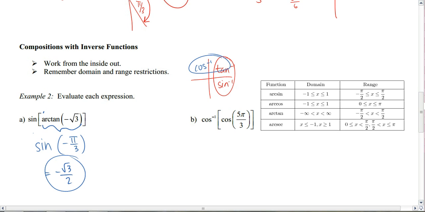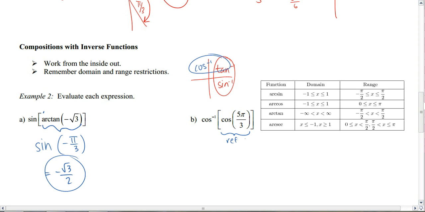So, in essence, pay attention, stay on your toes. So cosine of 5 pi over 3, well, cosine, that's just saying, hey, figure it out and you should be able to tell me the angle. Cosine, not arc cosine, because I'm working on the inside of the parentheses. They're saying, hey, go to 5 pi over 3 and tell me the cosine. So again, I've got to think of reference angle.